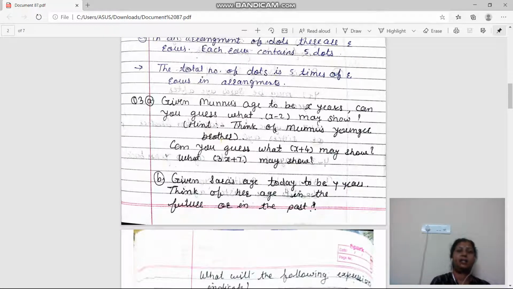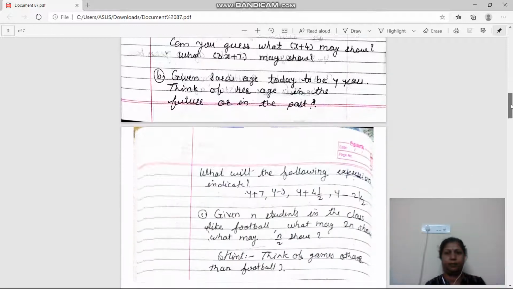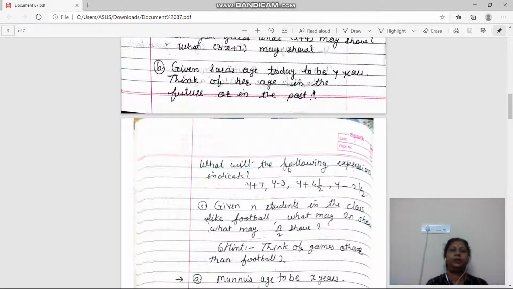Given Sarah's age today be y years. Think of her age in the future or in the past. What will the following expression indicate? Now we have to find its future or past age.